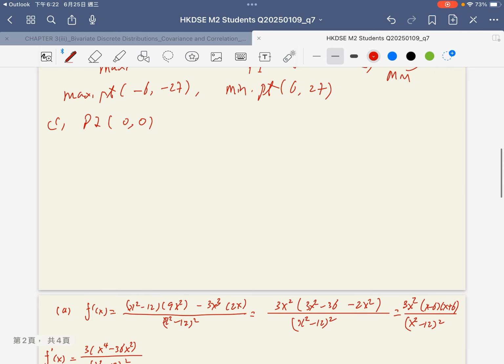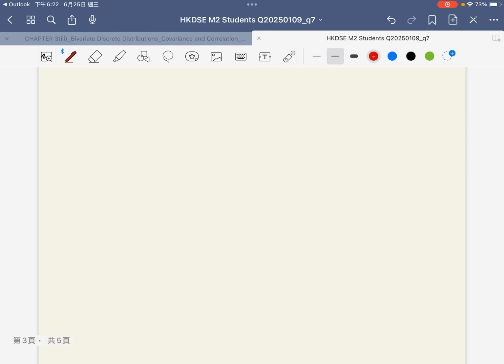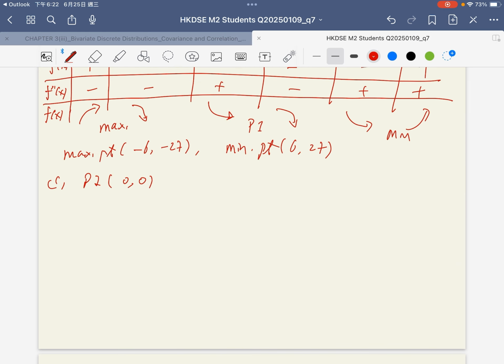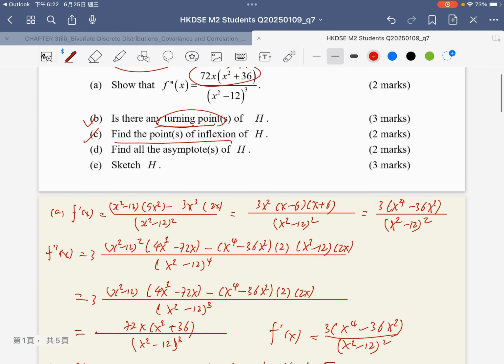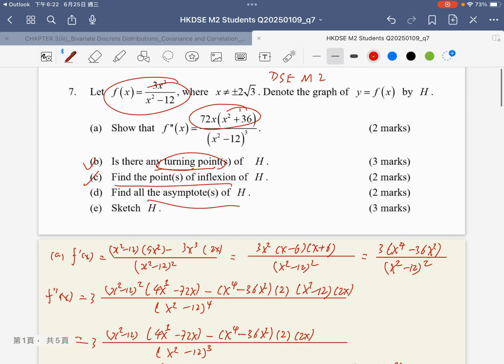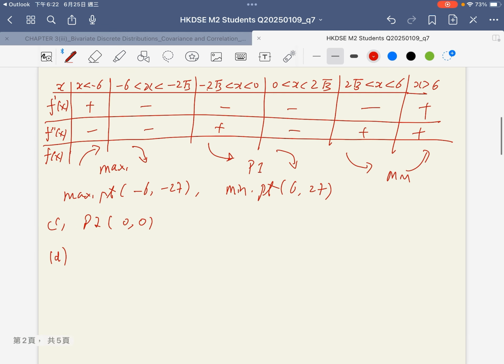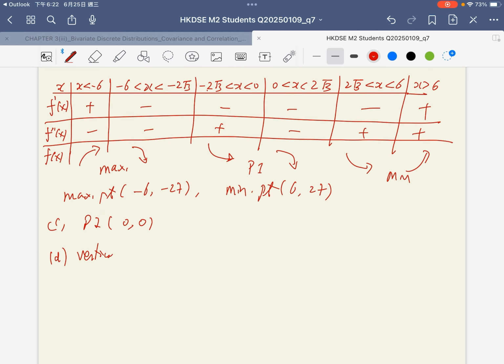And finally, I have to mark the asymptotes here. From the function, we can see that there are 2 vertical asymptotes, which are x equal to 2 root 3 and x equal to negative 2 root 3. And also by long division, I calculate the oblique asymptote here.